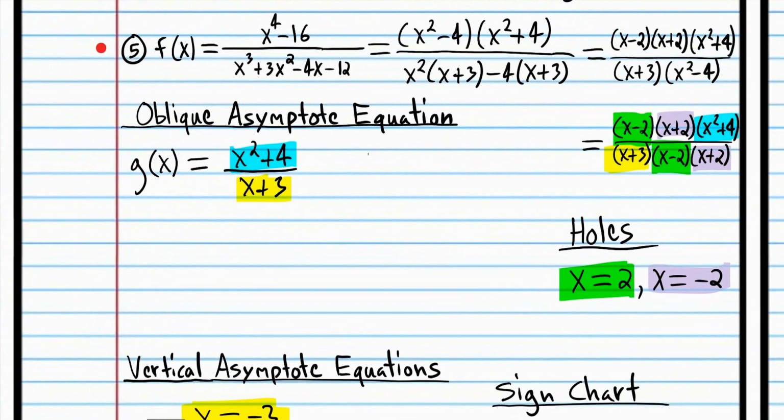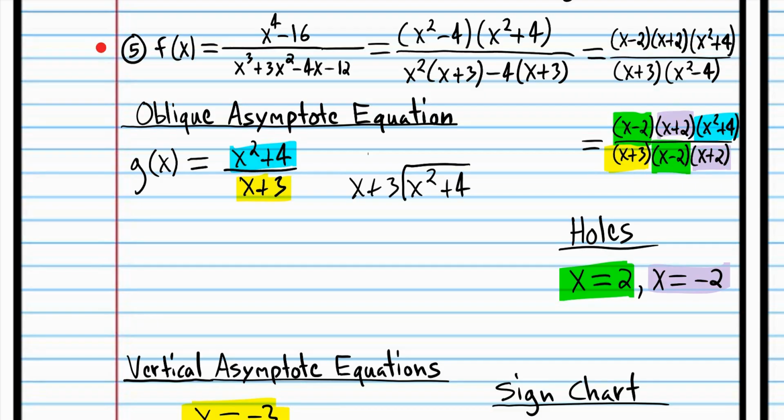And the reason we're using this reduced form is it's just easier to do the math, because the green and purple factors cancel out, so they don't really affect anything other than putting some holes on the graph. Okay, so now to find the oblique asymptote equation, we're going to divide the numerator of our reduced expression by the denominator.